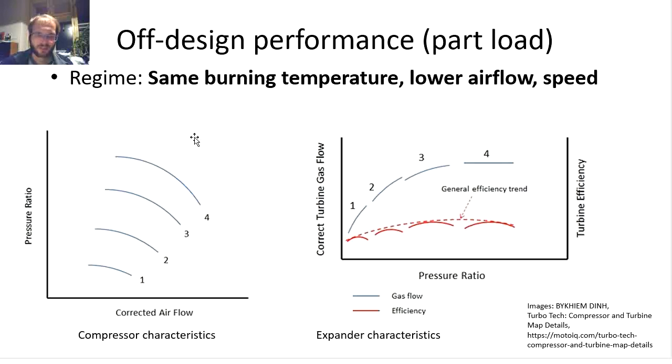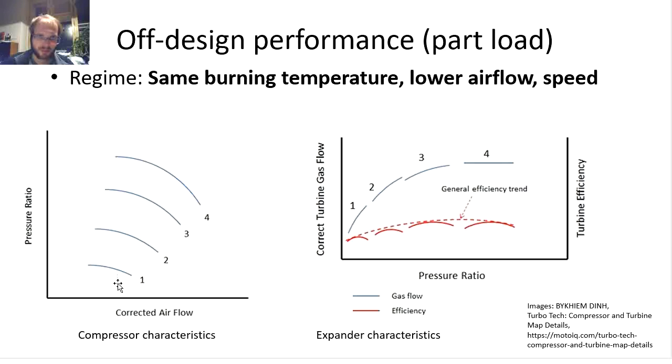So for that, let's have a look at the compressor and expander characteristics. Here on the left hand side we have the compressor, with curves of different speeds, which correspond to various airflow rates and pressure ratios.